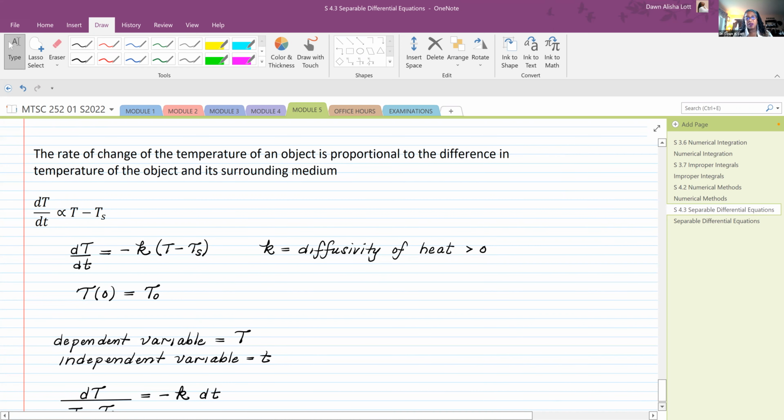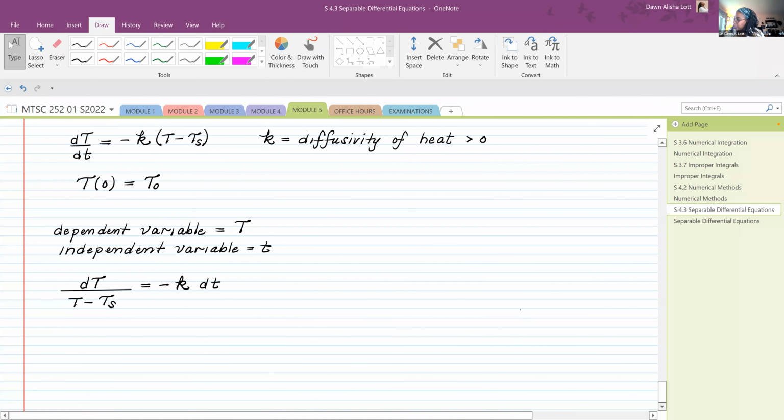So now, instead of what we had before, where dy/dx equaled a function of x times a function of y, now we have dT/dt is equal to a function of little t and another function of capital T. Peyton, does that kind of help a little bit?